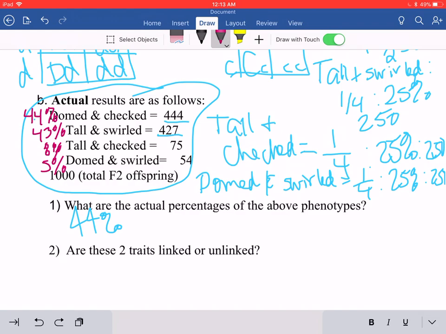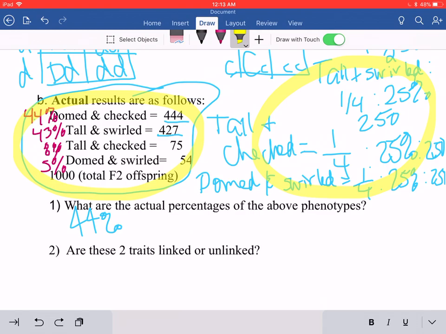So now the question is asking us, are these two traits linked or unlinked? What we need to do here is compare what we were expecting to get with what we actually got. If we actually got what we expected to get, then we know that the traits are not linked.